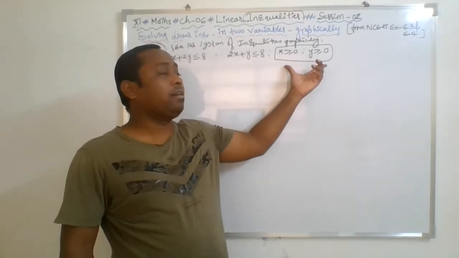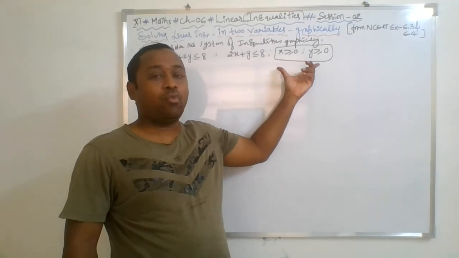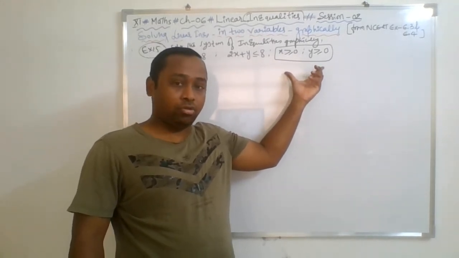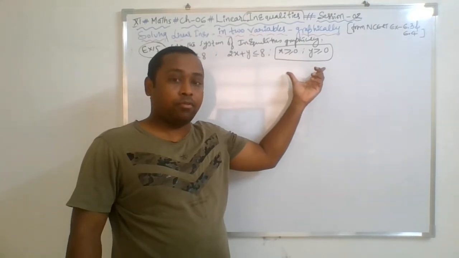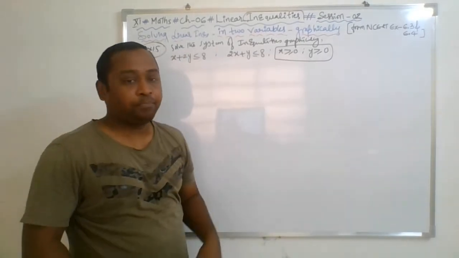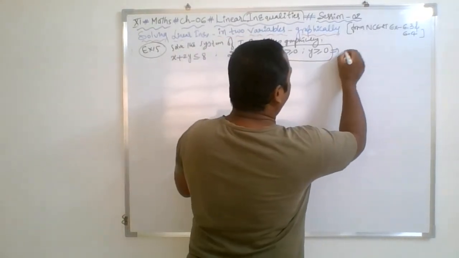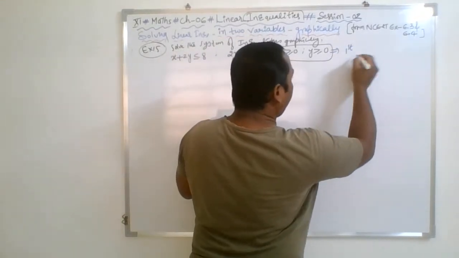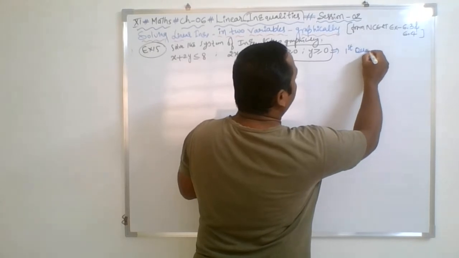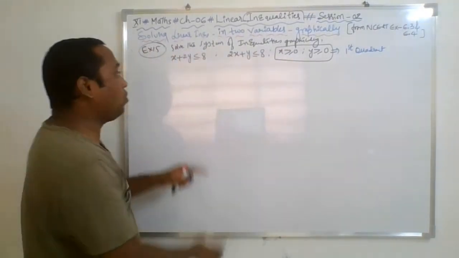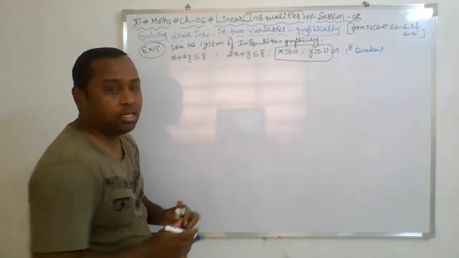Here x and y are positive, so whatever area we shade as the solution region will be in the first quadrant. So no need to plot this one, only plot these 2 lines in the graph.